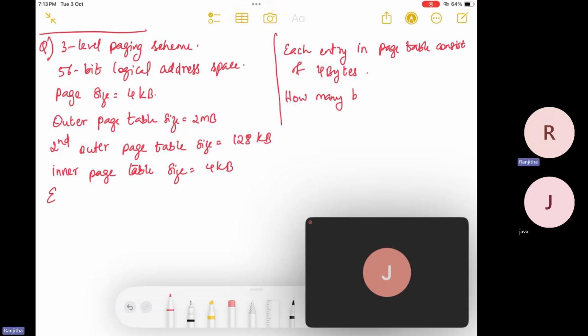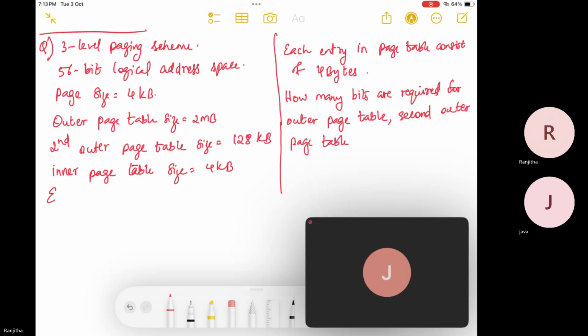How many bits are required for the outer page table, second outer, inner page table, and offset?